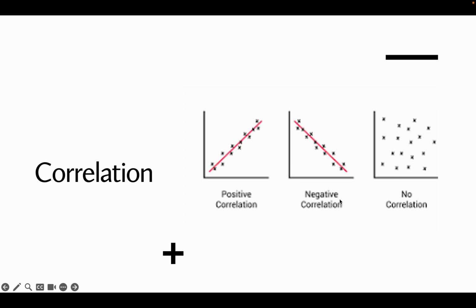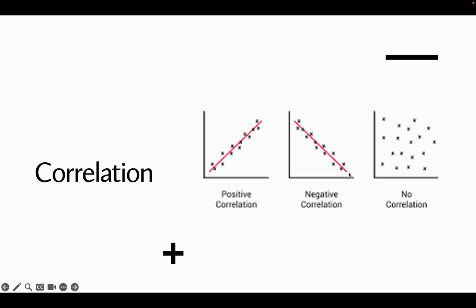A negative correlation would be here, where we start up right here and all of a sudden the trend line goes down with time. So for example, if I eat fewer calories, maybe the trend line would go down.